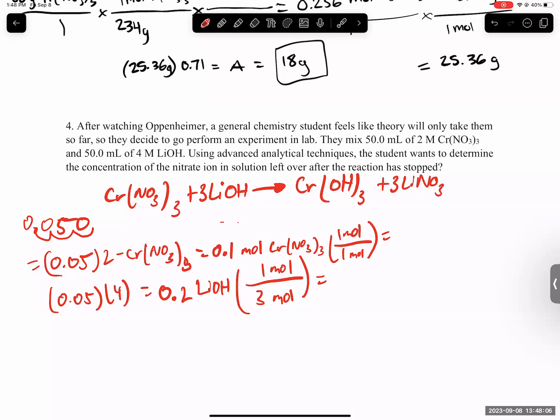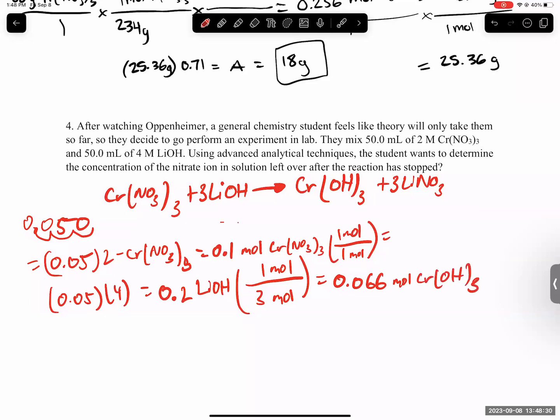And how many moles of chromium hydroxide do we get? We divide it out. 0.2 divided by 3. So 0.066 moles of chromium hydroxide.